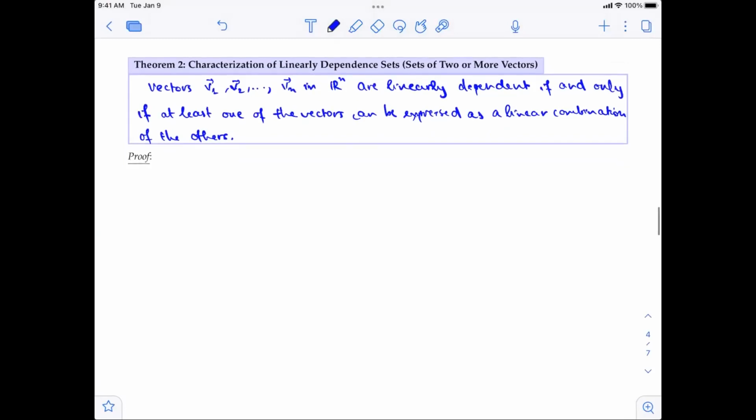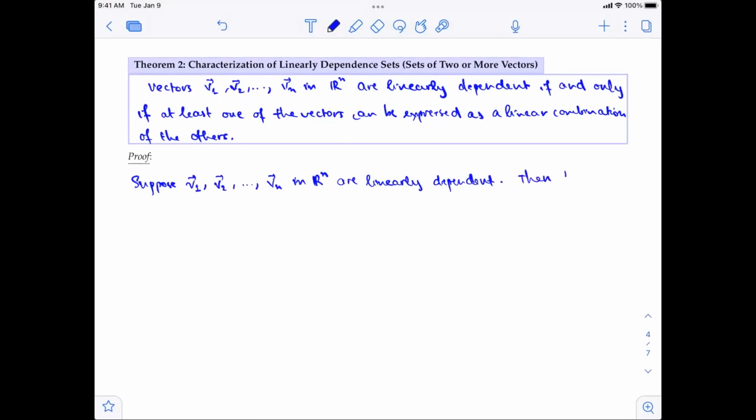All right, so here's the proof. So suppose V1, V2 up to Vn in Rn are linearly dependent. All right.